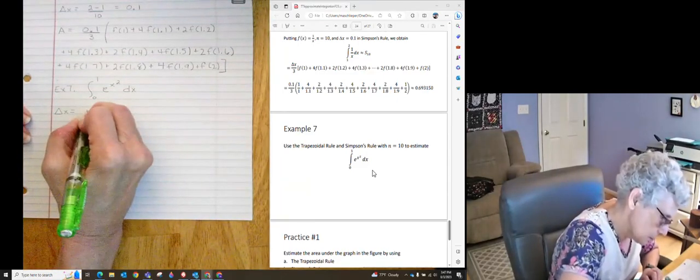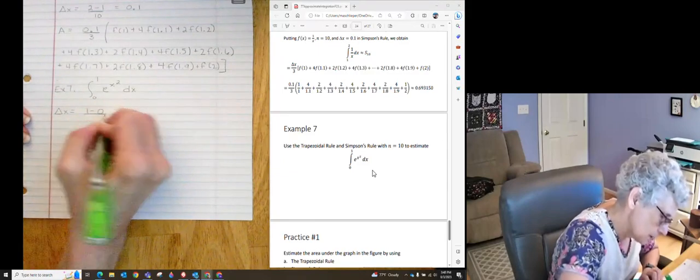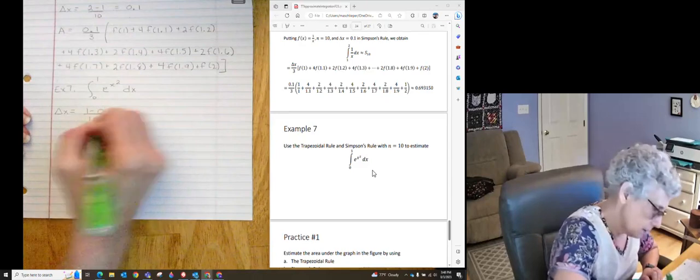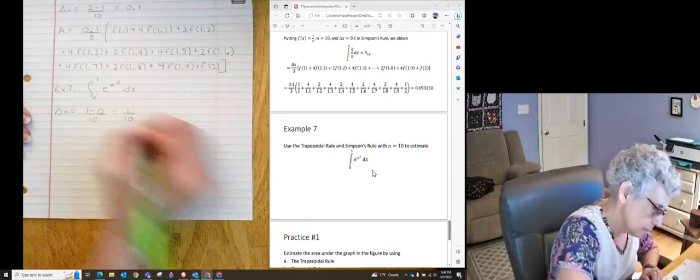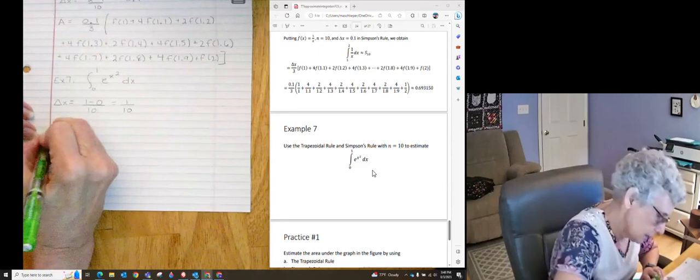Delta x is equal to 1 minus 0 divided by 10, 1/10 or 0.1.